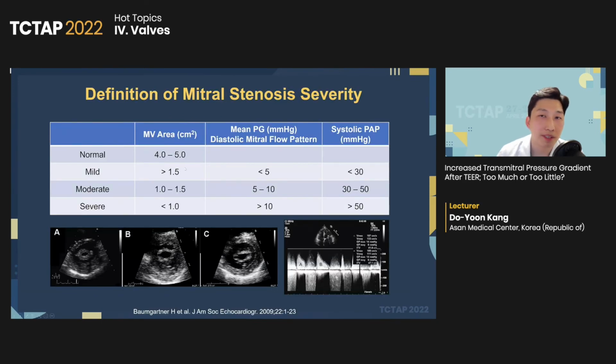The definition of mitral stenosis is that a pressure gradient of more than 5 means moderate MS, with a mitral valve area less than 1.5. Because after clipping, drawing the mitral valve area is a little bit difficult, we usually use the diastolic mitral flow pattern after clipping. That gives the number of the mean pressure gradient, and usually more than 5 looks like a significantly increased pressure gradient.